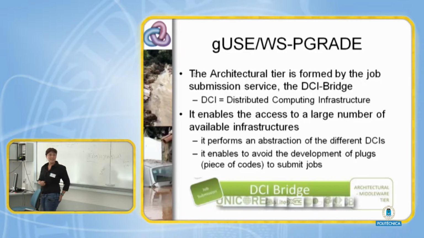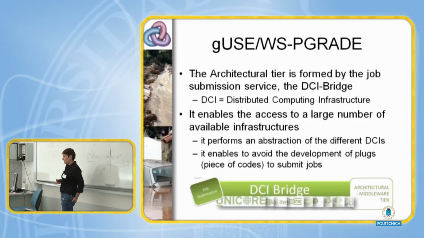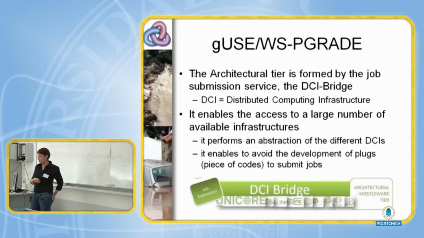That is called the DCI Bridge, the distributed computing infrastructure bridge, and it is implemented to manage job submission. This layer provides you an abstraction from the different infrastructures that it is able to manage. I have them in the next slide.